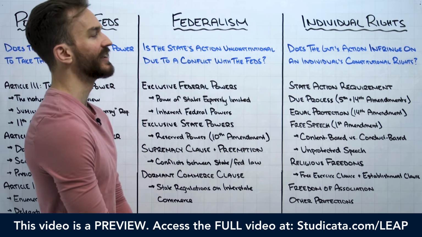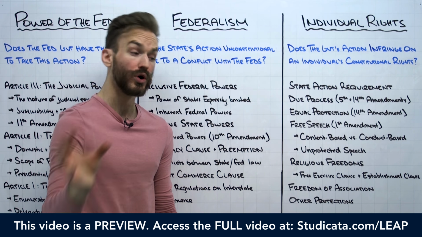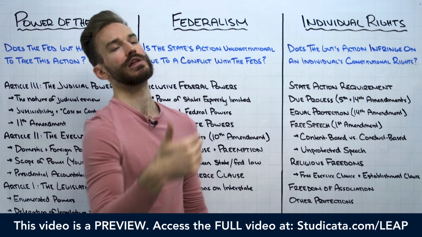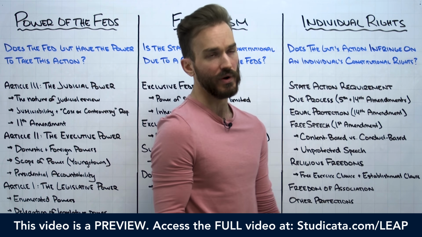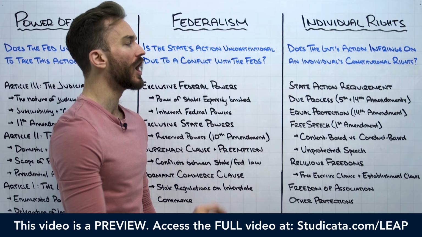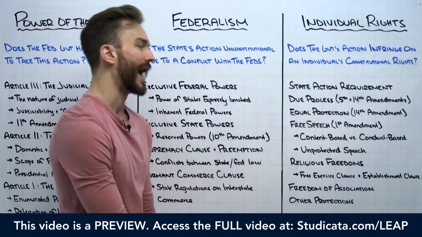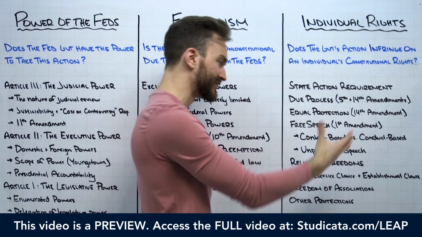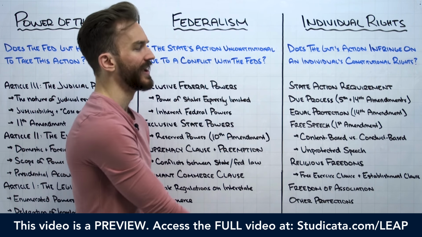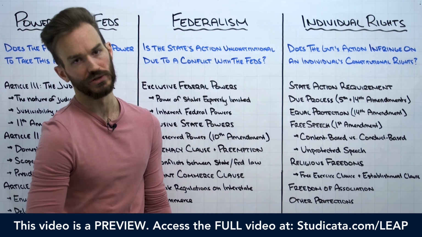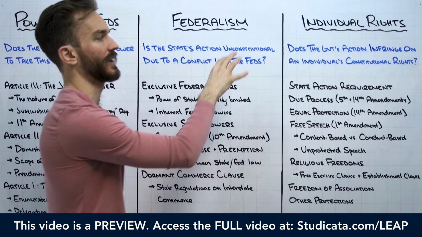Typically, this is going to present itself in the form of either a state government or a federal government passing a law, and the question is going to be, does this law infringe on an individual's constitutional rights? And here we're going to think about due process, equal protection, free speech, religious freedoms, all these other individual protections. But that's the big picture. Those are our three main issues.